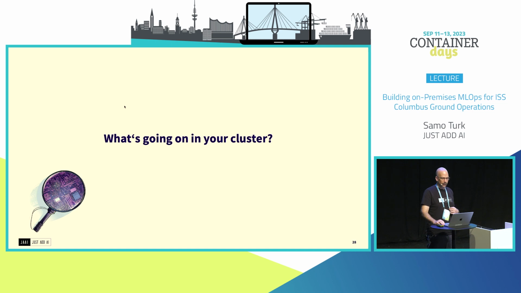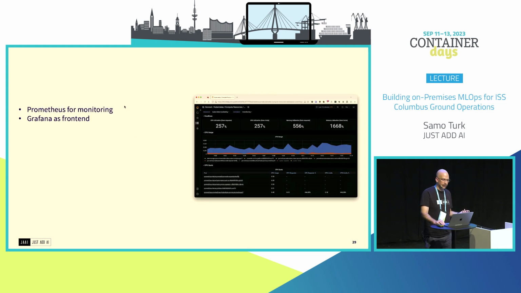Okay, so what's next? Eventually things would start to go belly up, so we had to figure out what's happening in the cluster and how to keep track of that. So we'll talk about monitoring. Here I assume Prometheus is more or less the standard nowadays for monitoring, and Grafana is very commonly used as a front end.